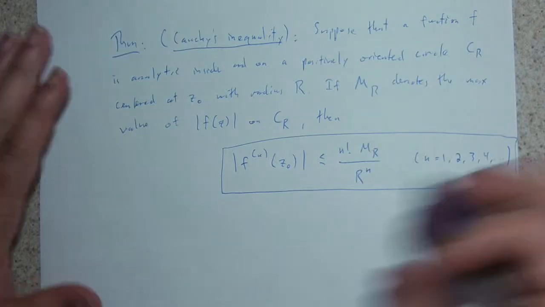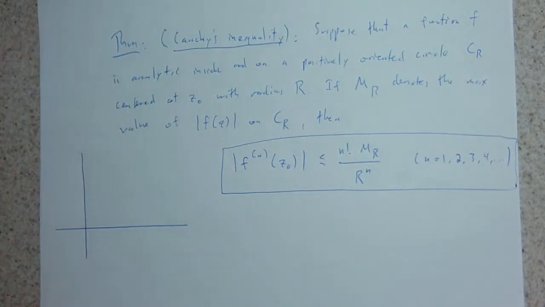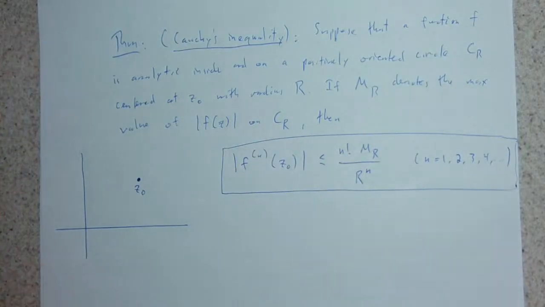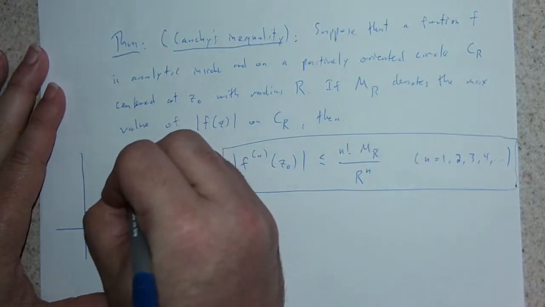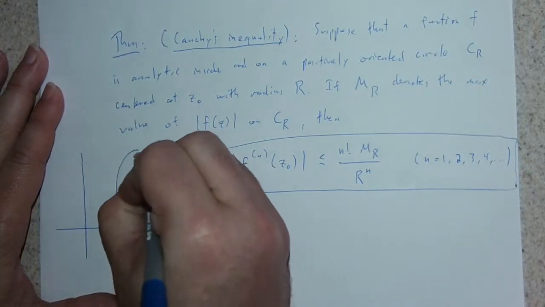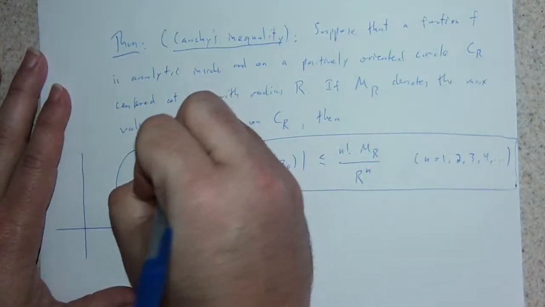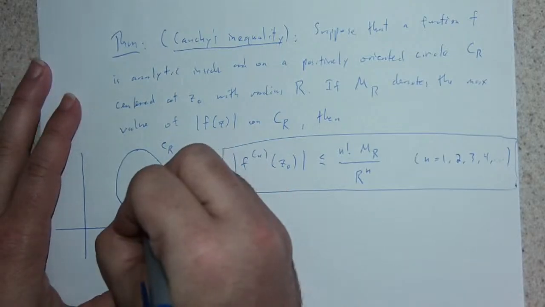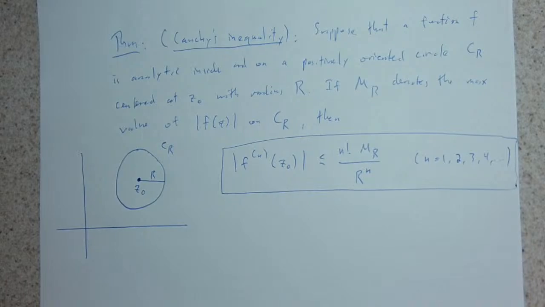So the idea here is as follows. Here's my point z naught, which forms the center of the curve in question. Here's the curve in question, which is a circle of radius r centered at z naught.